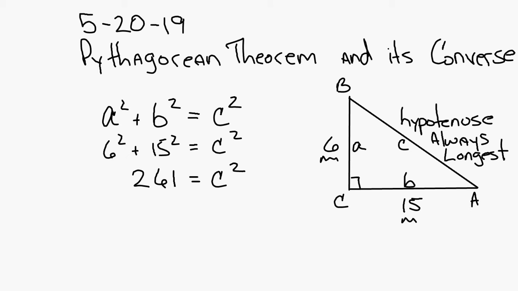And now if you find the square root of each side of this equal sign, it will give you the value of c. You should just be able to push the square root button in your calculator and get 16 point, we're going to round everything to the nearest tenth, so we've got 16.2 is equal to c.